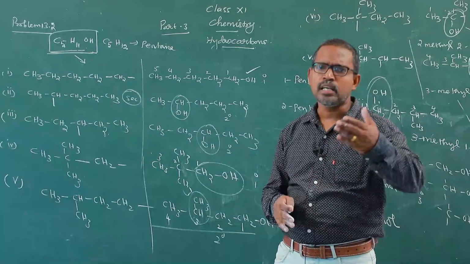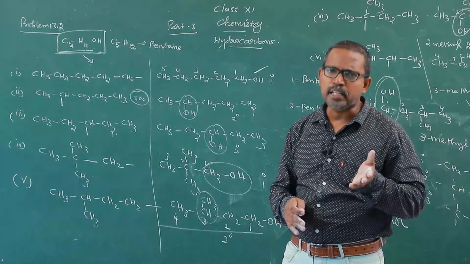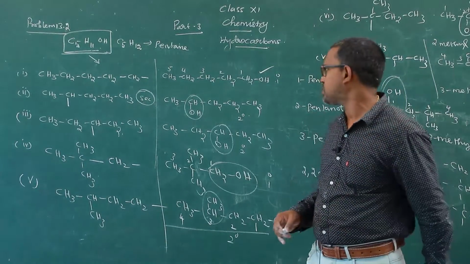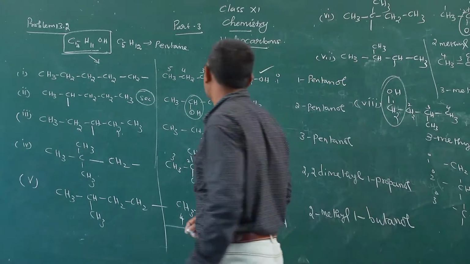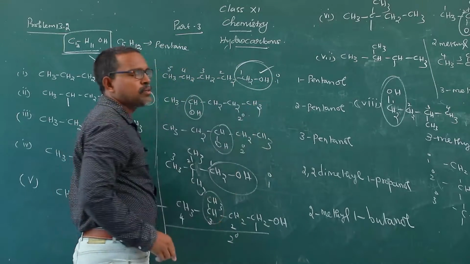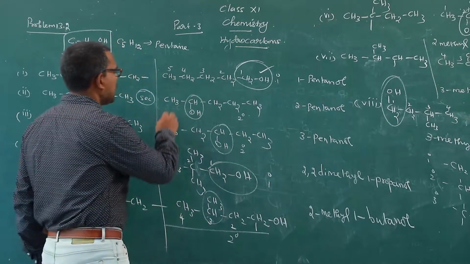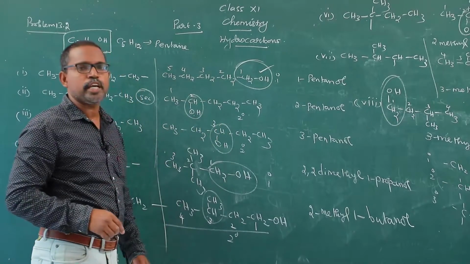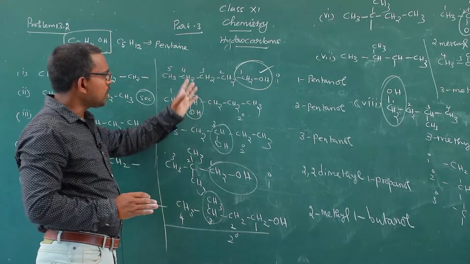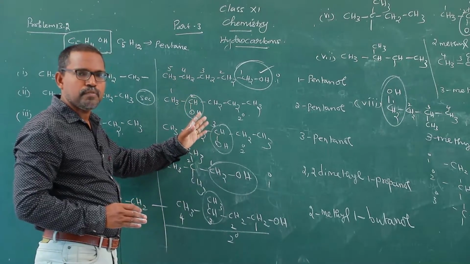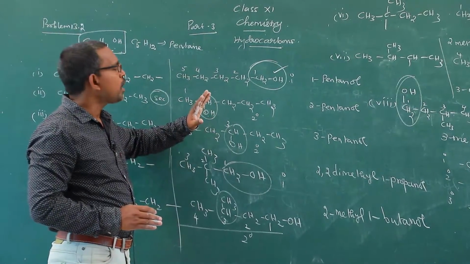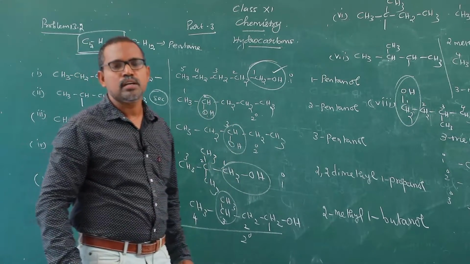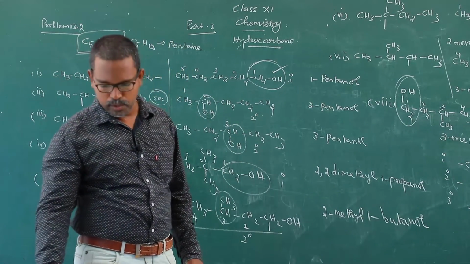Position isomerism is when the compounds differ in the position of the attached functional group. Here the OH group is attached at carbon 1, here at carbon 2, here at carbon 3. Therefore, compounds having the same molecular formula but different positions of the functional group are called position isomers, and the phenomenon is position isomerism.